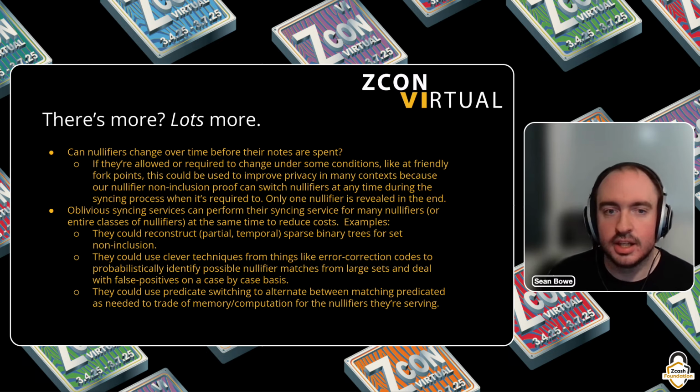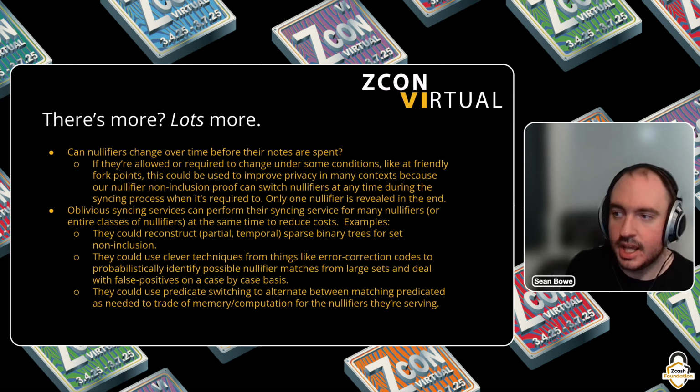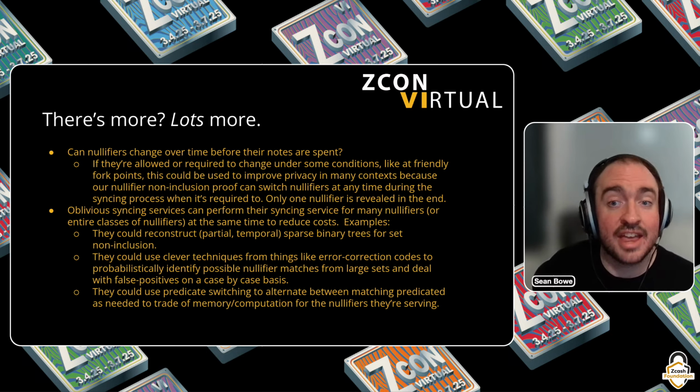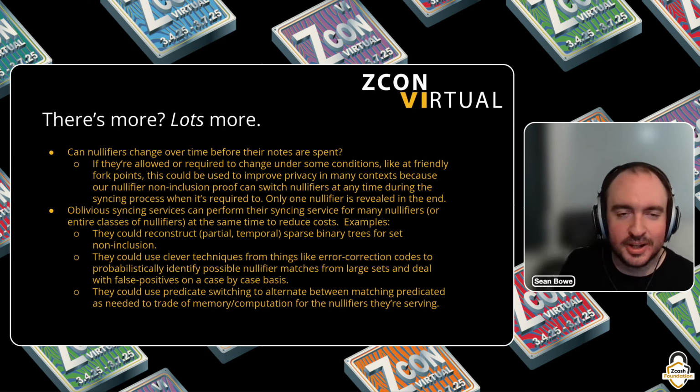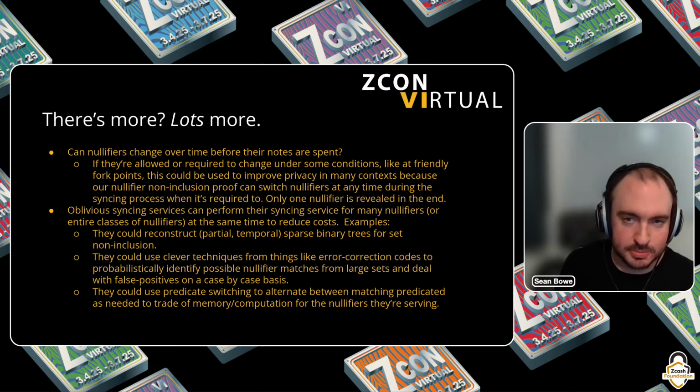But you can impose changes on the way that nullifiers are computed at the fork point, for example, and the non-inclusion proof that you use to demonstrate that your nullifier wasn't seen before can switch from the old version to the new version of the fork at the fork point. And you don't have to reveal what the old nullifier was. The non-inclusion proof does this for you.